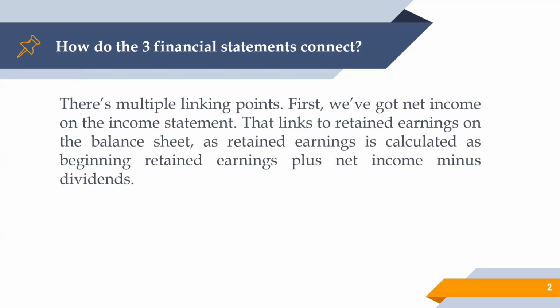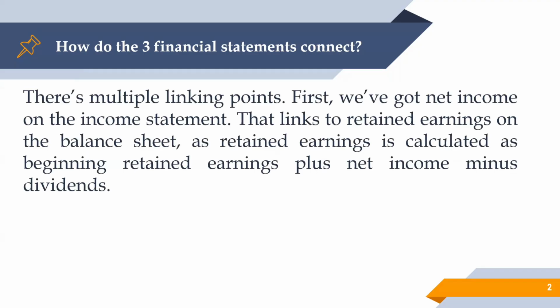Now if you see here, there are multiple linkage points. First, we have net income on the income statement, that's from the P&L, the net profit or loss, and that links to retained earnings on the balance sheet.